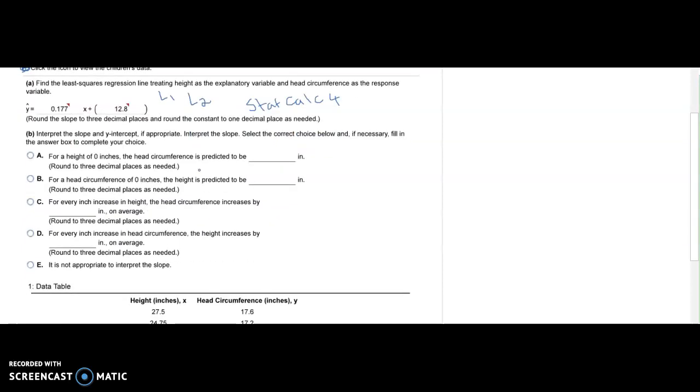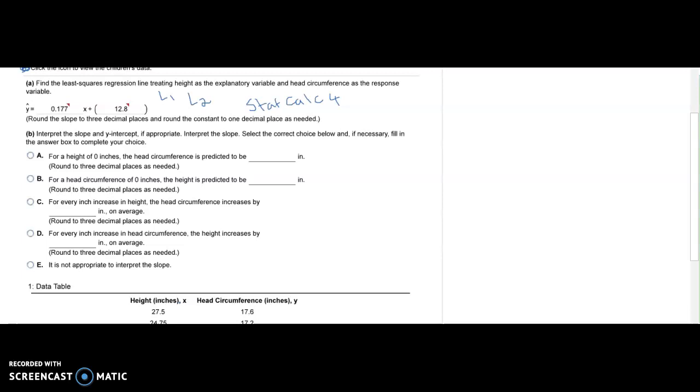So part B says to interpret the slope and Y-intercept if appropriate. I'm interpreting the slope. So slope is how much Y changes every time X goes up by 1 unit. So X is the height in inches, Y is the head circumference in inches.